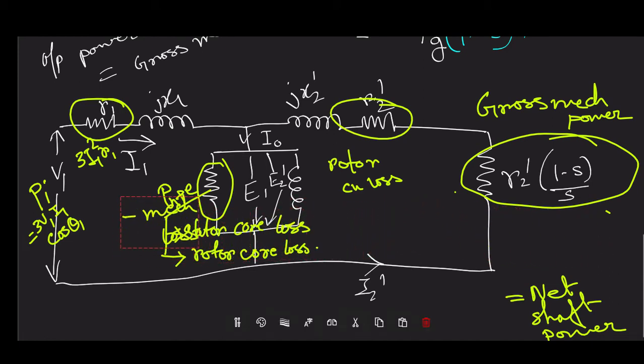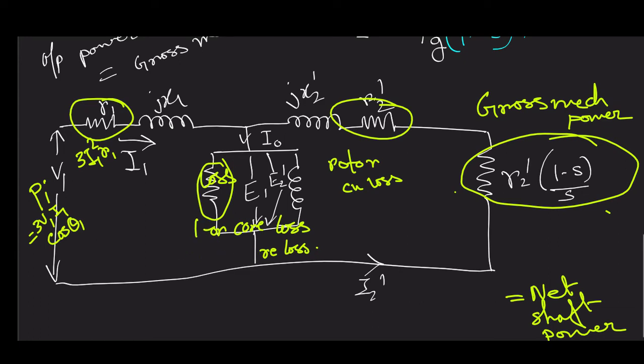in addition to this PH plus E, let us make it mechanical loss plus PH plus E, and let us term it as constant loss.